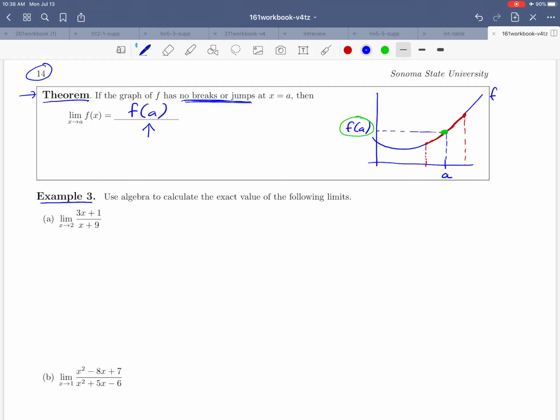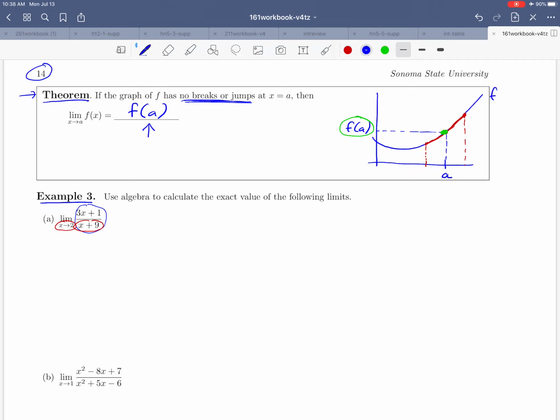Okay, so for this first limit, we would first maybe make the observation that (3x + 1)/(x + 9), if you were to graph that function, it would be nice and smooth. The only problem point would be where the denominator is 0, at x equals negative 9, but our x's are approaching 2. We're a long ways away from negative 9.